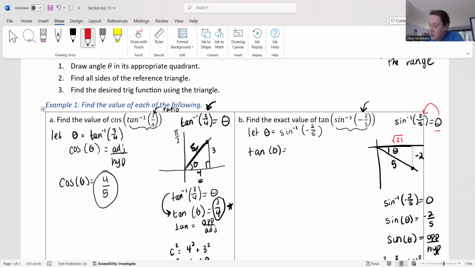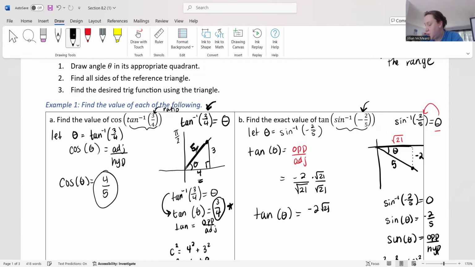And remember, tangent is opposite over adjacent. Using this reference triangle, the side opposite is -2, and the side adjacent to theta is the square root of 21. Well, it's -2 over square root 21, which at this point needs to be rationalized. So we rationalize, and tan of theta eventually is -2 root 21 over positive 21.